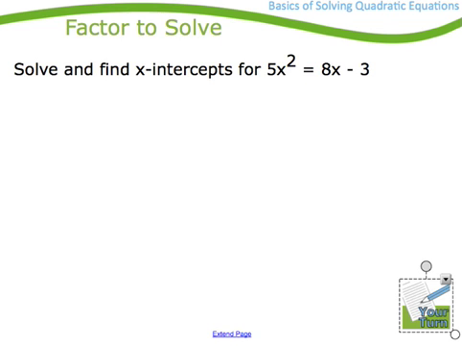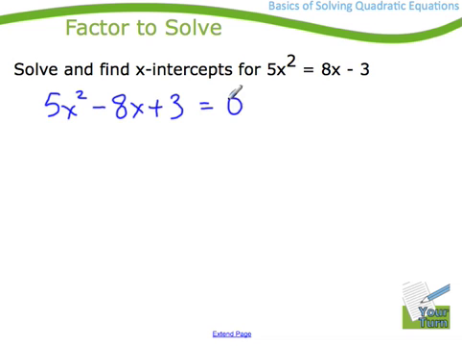Let's try another one. The question says 5x squared is equal to 8x minus 3. What I want to do is solve this equation. And if they say find the x-intercepts, really I should have written this in functional notation, but we'll get to that in a second. Let's take the equation, 5x squared, and let's bring everything over to the left side. Minus 8x plus 3 is equal to 0.